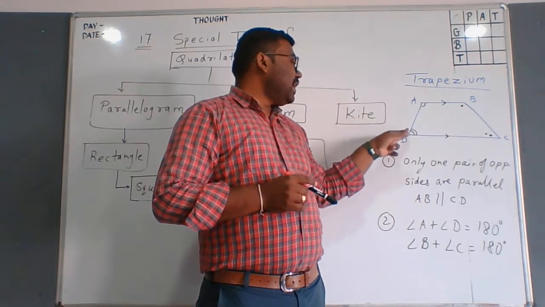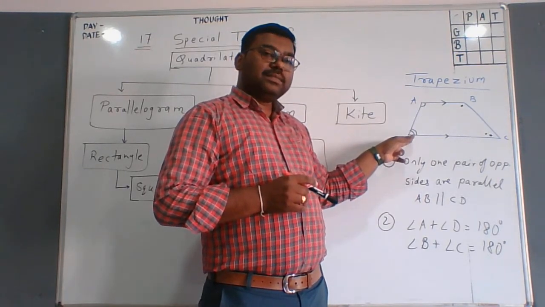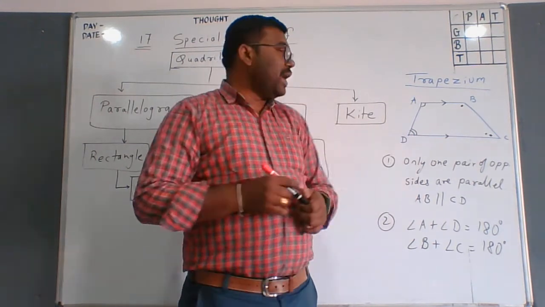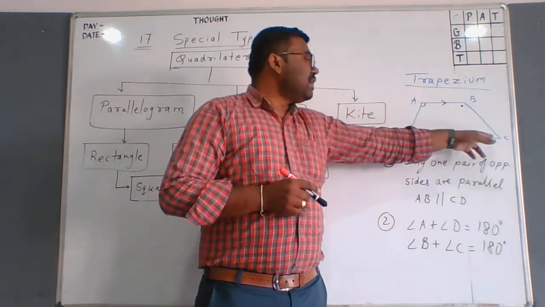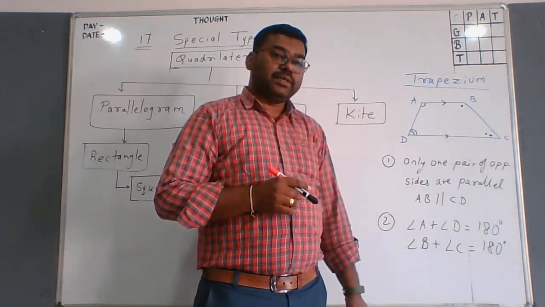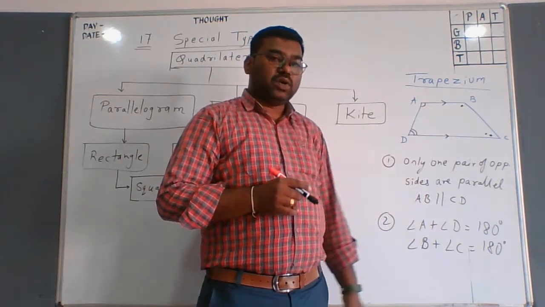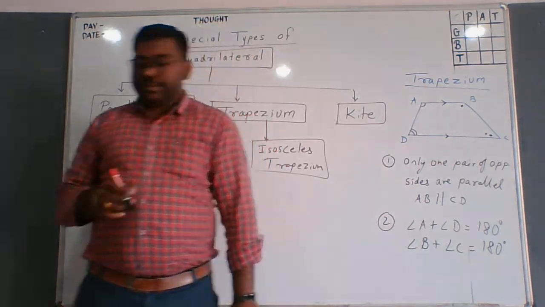Point A and point B are the intersection of the two lines, it is the point of the transversal. So angle A and angle B are supplementary. Also angle B and angle C are supplementary because they are the angles between the parallel lines. Got it? So these are the two properties of trapezium.